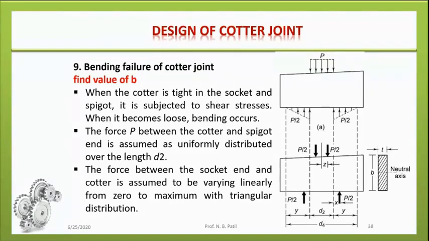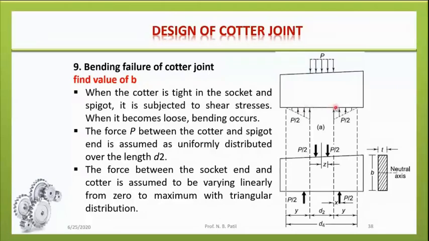Now the force P, this is very important again. The force P between Cotter and spigot end is assumed as uniformly distributed over the length d2. Let's understand the diagram first. This one is our Cotter.